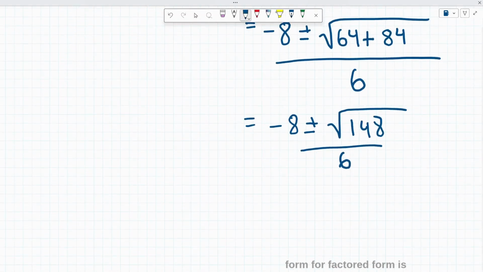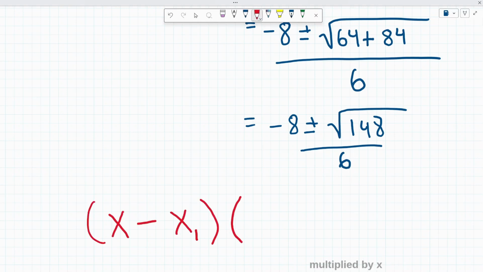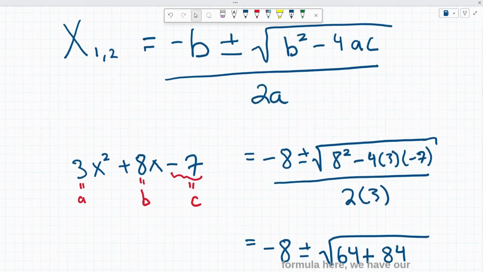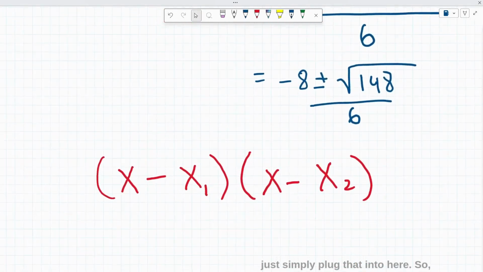So the generic form for factored form is x minus x1 multiplied by x minus x2. So using the quadratic formula here, we have our x1 and our x2 values, so we just simply plug that into here.